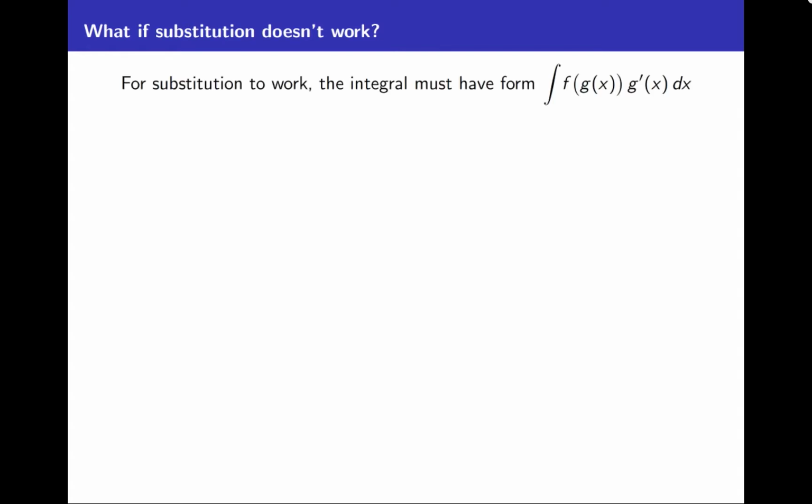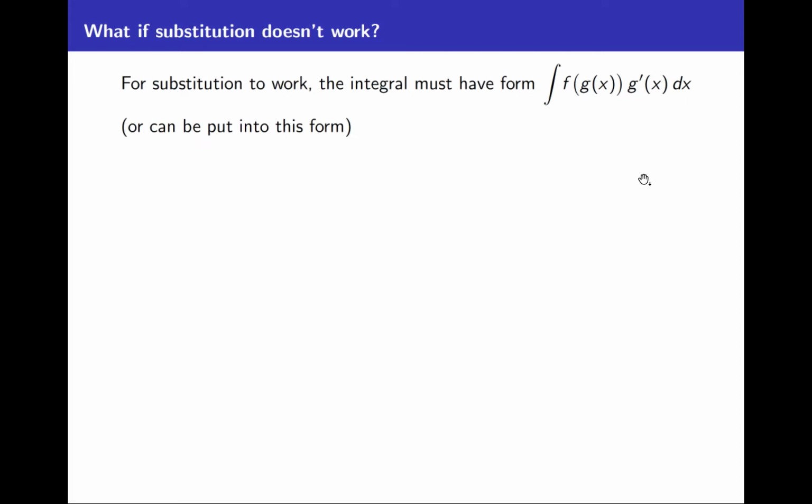You'll recall that for substitution to work, the integral that you're trying to find must have a very special form. It must have the form of the integral of f of g of x, g prime of x, dx, or can be put into that form. And if that's the case, you can make a substitution, u equals g of x, and doing so, du will be equal to g prime of x dx.